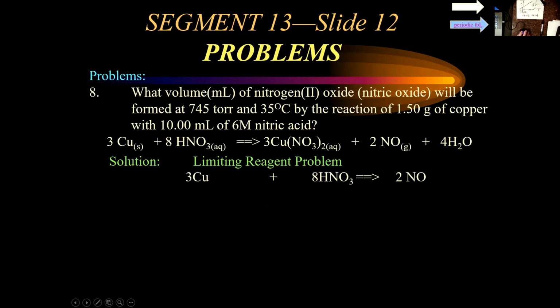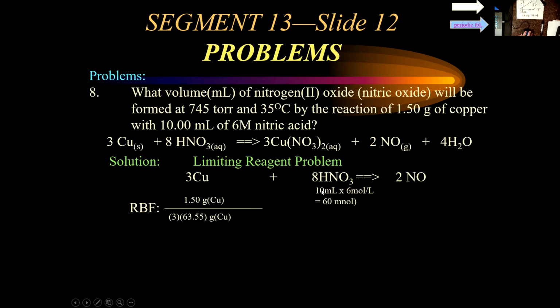We're dealing with copper and nitric acid and nitrogen monoxide as in this particular problem. And now for the copper, I've got 1.5 grams of copper. The equation is showing 3 moles, and that would be 3 times 63.55. So my rebalancing factor for copper is going to be this number.